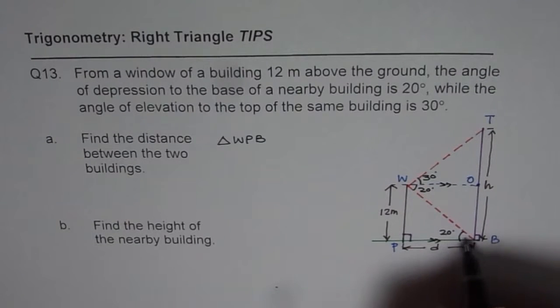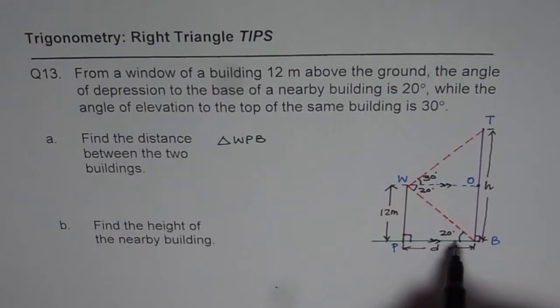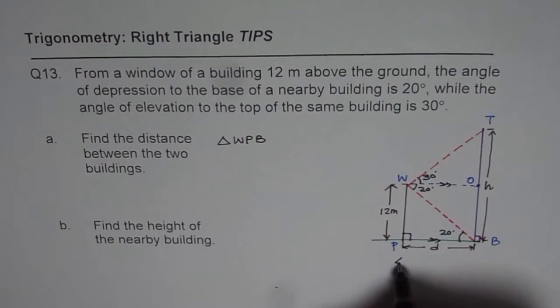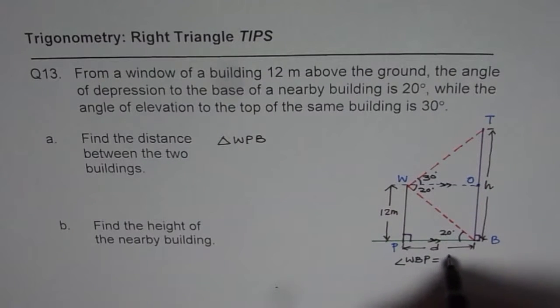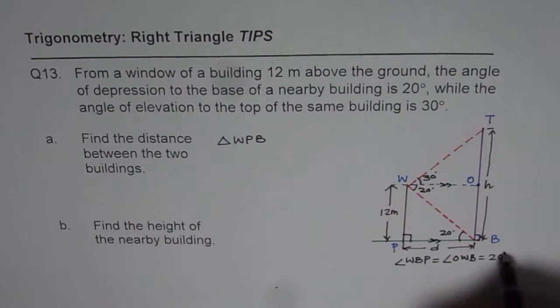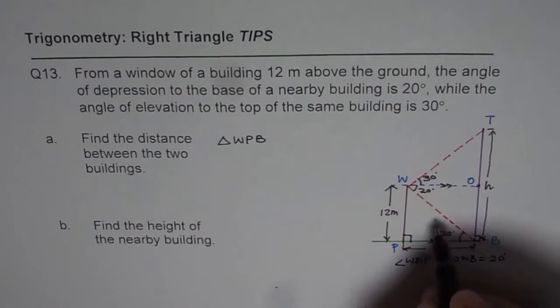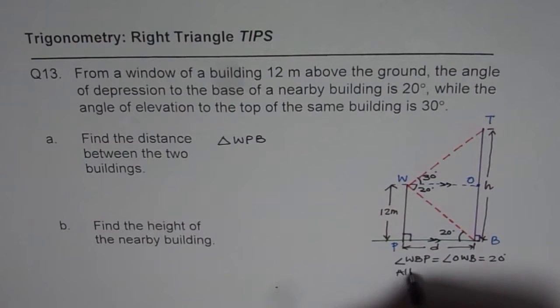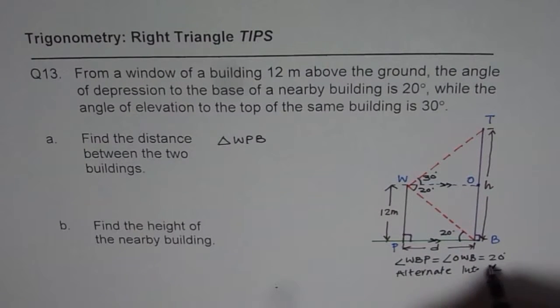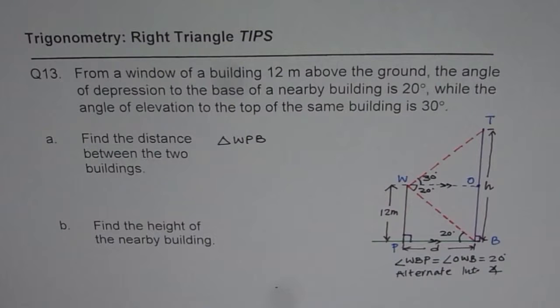Therefore, we have angle WBP equals angle OWB, which is equal to 20 degrees. That is because of alternate interior angles, right? So they have to be equal.